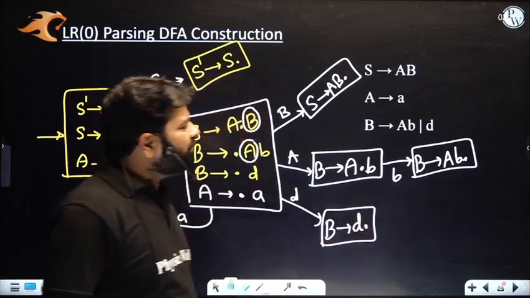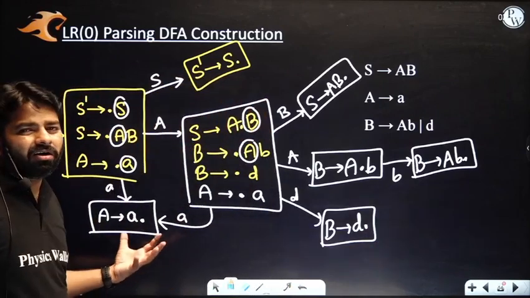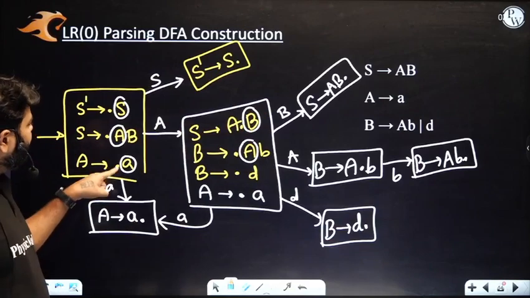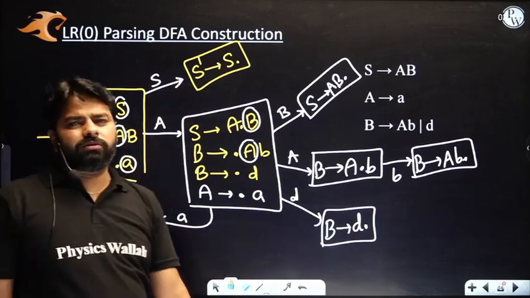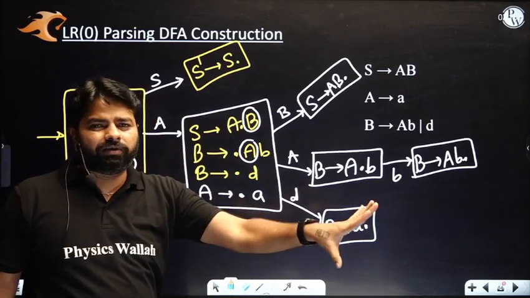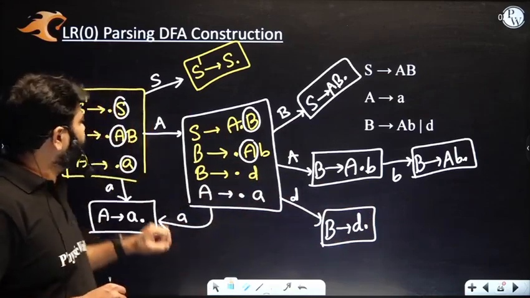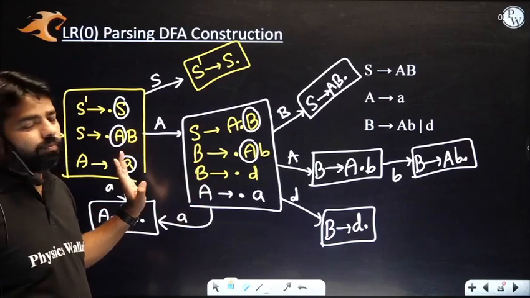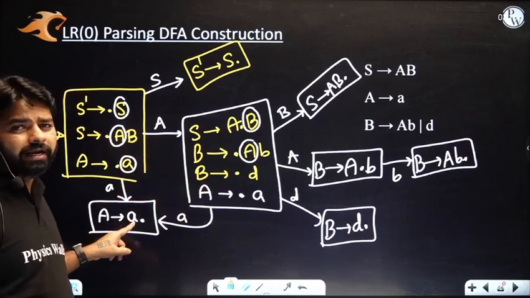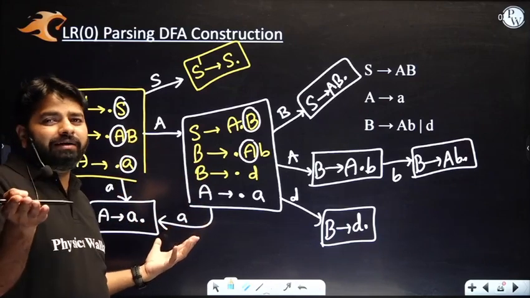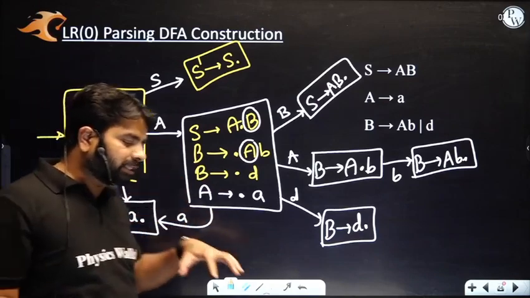Now, any conflict, any SR or RR conflict, we will look at. Any reduced item, always focus on reduced, because without a reduced item, you will never get a conflict. Remember that point. Any reduced? No. Reduced alone is there, so no problem, because other items should be there to get a conflict. So remember this point.